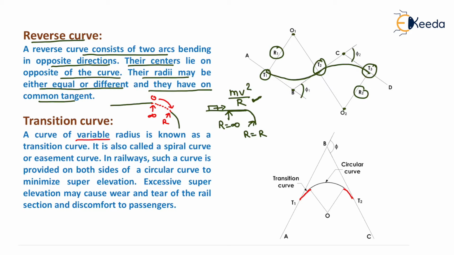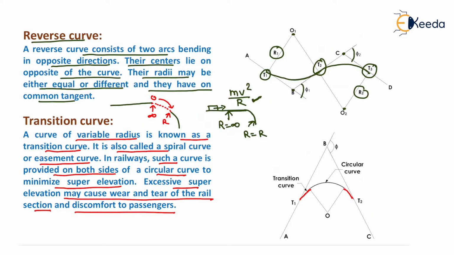Now a curve of variable radius is known as a transition curve. It is also called a spiral curve or easement curve. In railways, such a curve is provided on both sides of a circular curve to minimize super elevation. Excessive super elevation may cause wear and tear of the rail section and discomfort to the passengers.